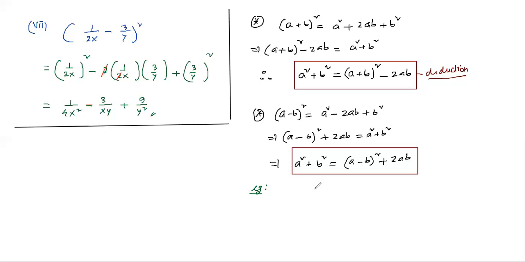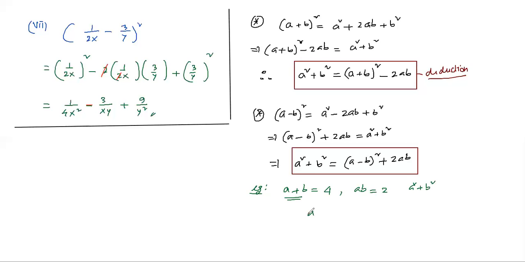Suppose tomorrow someone asks you that if the value of a plus b is 4 and ab is 2, then what is a square plus b square? Now you see, you have got a plus b.